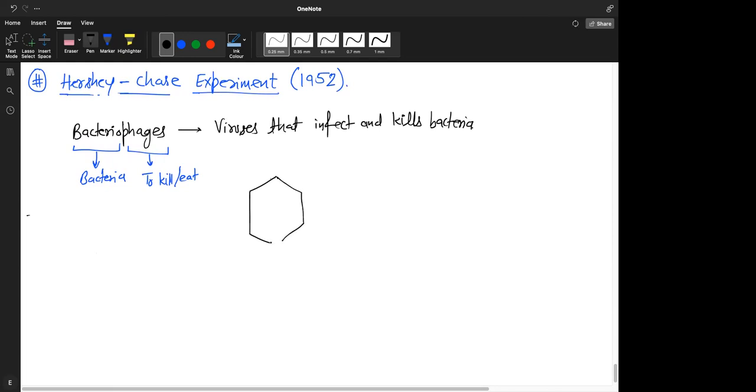They have a protein coat, okay, inside which there is a single genetic material, and everything else apart from the genetic material is actually made up of proteins only. They have these leg-like structures.